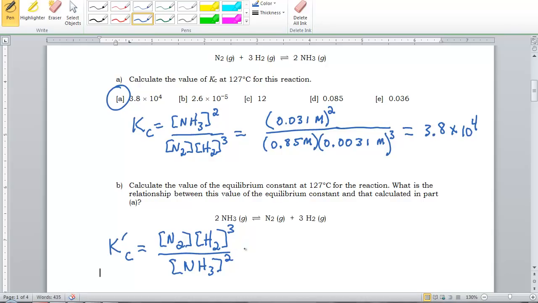And if we plug in the same values, nitrogen is 0.85 molar. Remind me to talk about units in just a second.